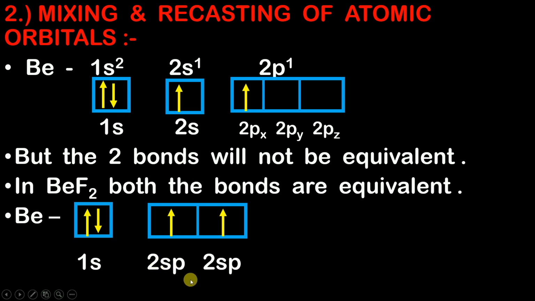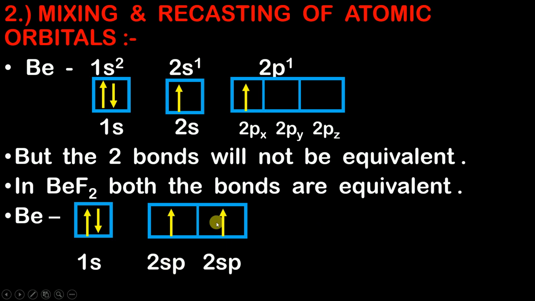Why is it given as 2sp? Because a single s orbital is combining with the p orbital. The s subshell orbital is combining with the p subshell orbital. Therefore, the name is given as 2sp.